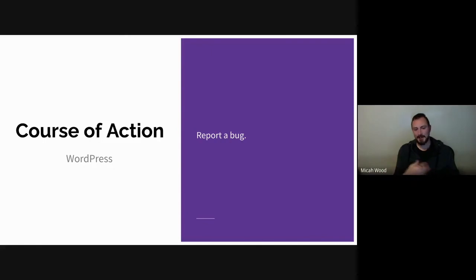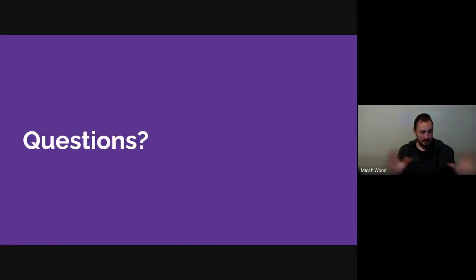We don't want to have 4 million people reporting the same bug. Ideally just having one ticket for that is important. So it's good to kind of look that up and just follow the steps. But generally, if it's something big, those things get fixed relatively quickly. So that is kind of the general run through.